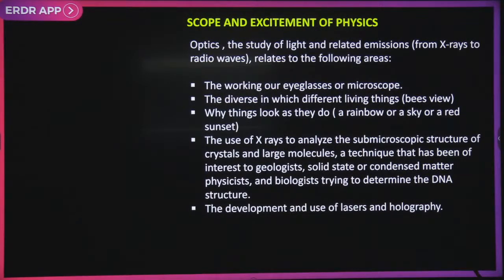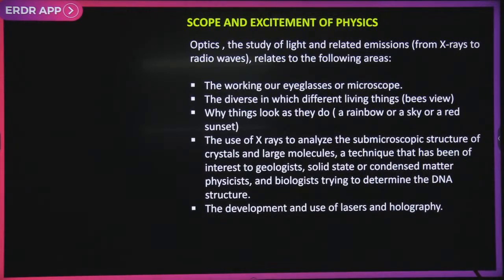So the working of our eyeglasses or microscope, these are instruments based on light. Also how different living things view, why things look as they do, like the formation of a rainbow, why there are 7 colors in a rainbow, or why the sky is blue, or why the sun appears red while setting or rising.